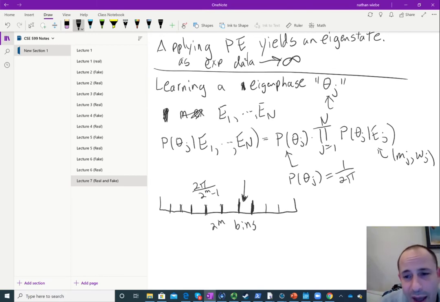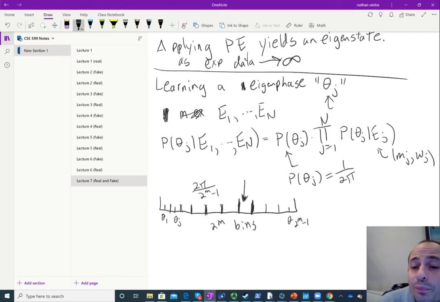Okay, and so in that case, what we can do is take the midpoint over here to be theta 1, theta 2, going all the way up to theta 2 to the m minus 1.